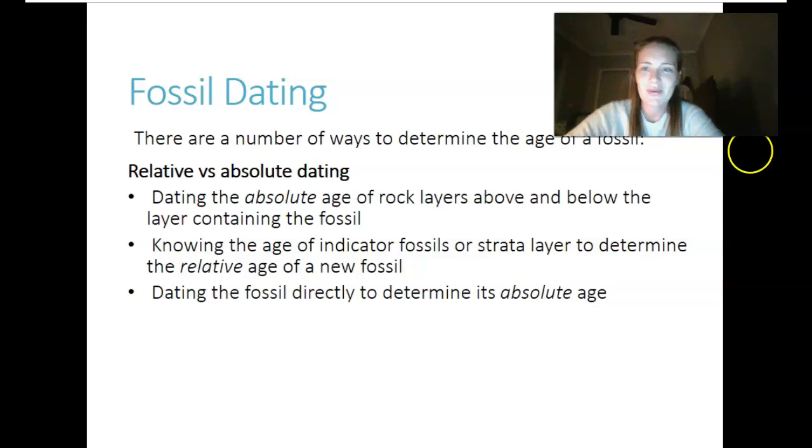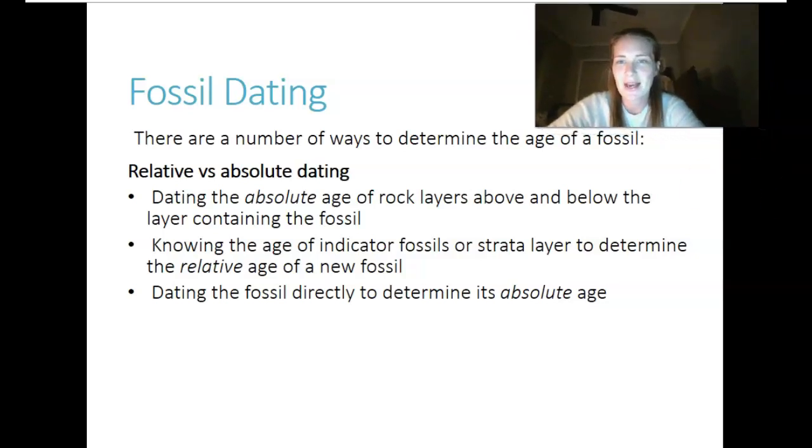Okay, how do we work out how old these fossils are? So this is a relative versus absolute dating piece of knowledge. So relative dating is more inaccurate. It's an estimation based on the presence of something else close by in the same environment.